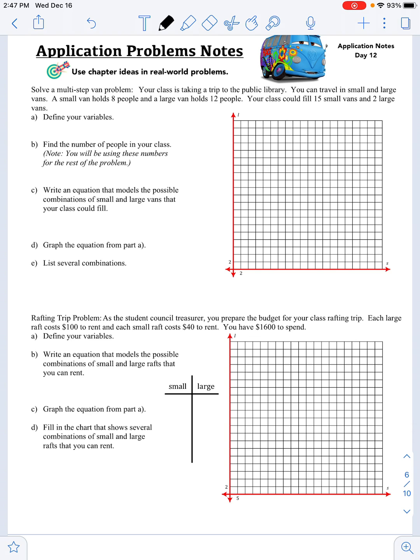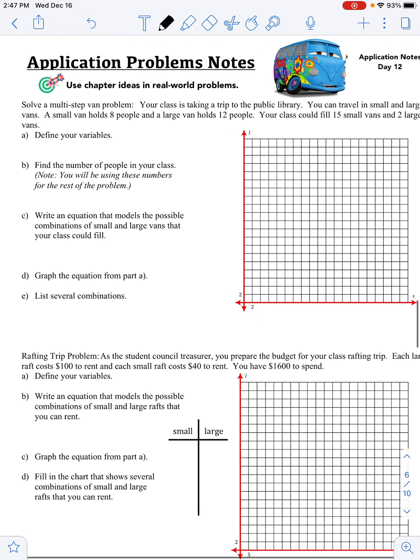So let x equal the number of, let's say, small vans used. And we're going to let y equal the number of large vans used.